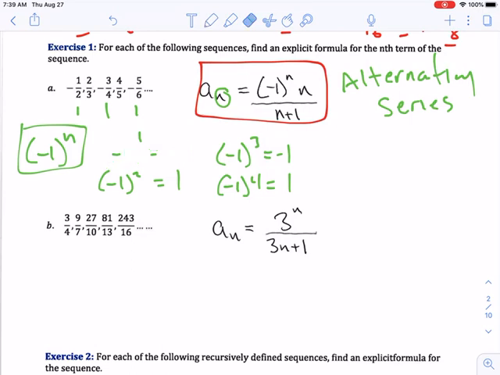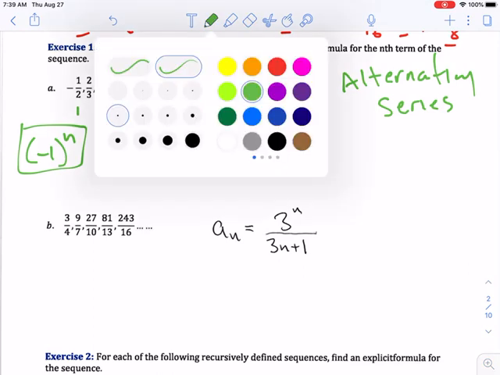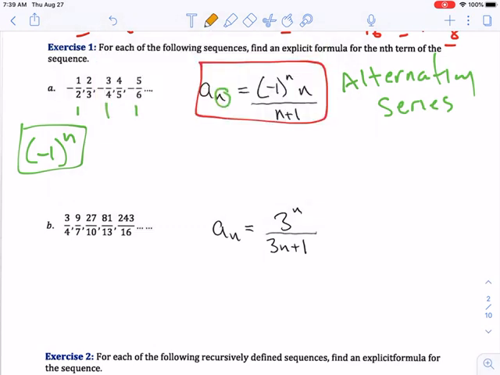Now, as far as the rest of it goes, what I like to do is take a look at the numerator and take a look at the denominator separately. So remember, we're going to be starting with a sub 1 when n is equal to 1. So the first term, we got the negative part, but notice that the numerator is a 1. In the second term, the numerator is a 2, a 3, a 4, and a 5.